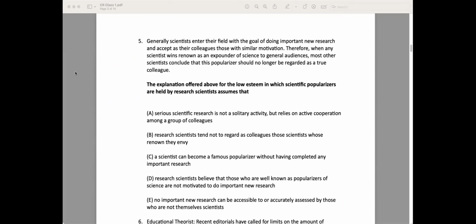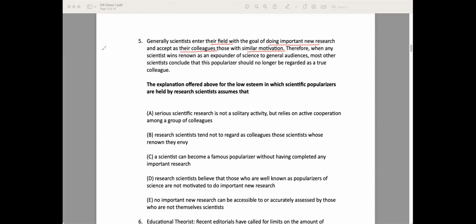Let's see fifth. What answers we have for fifth? B, D, D. Okay, B and D. Let's see. Generally, scientists enter their field with the goal of doing important new research and accept as their colleagues those with similar motivation. Okay.